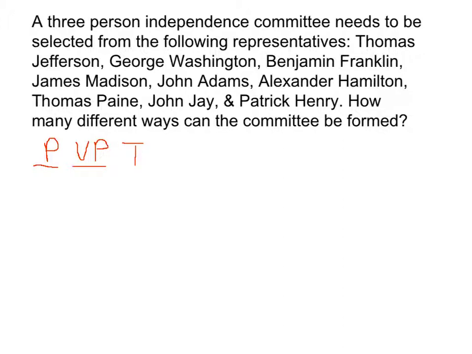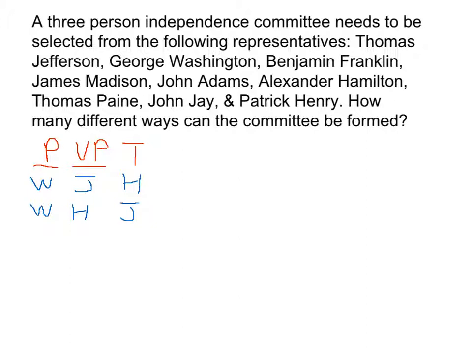So when I choose Washington for president, Jefferson for vice, and Hamilton for treasurer, that was different than choosing Washington for president, Hamilton for vice, and Jefferson for treasurer.